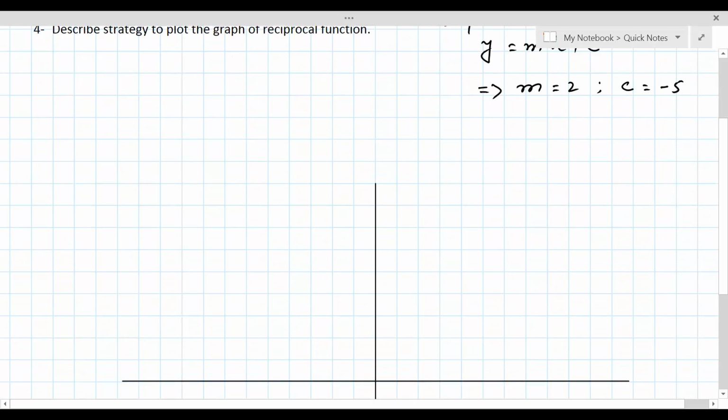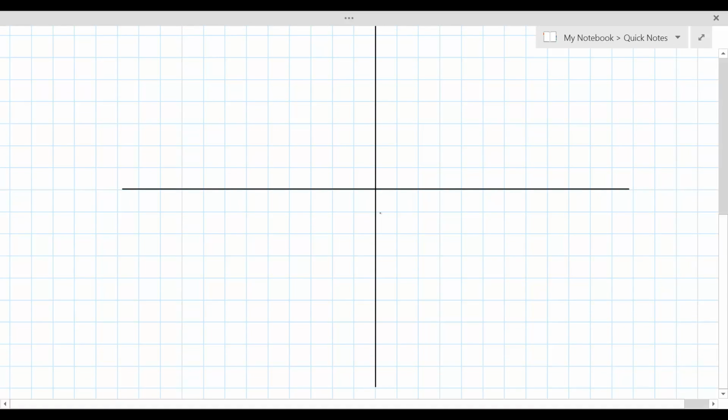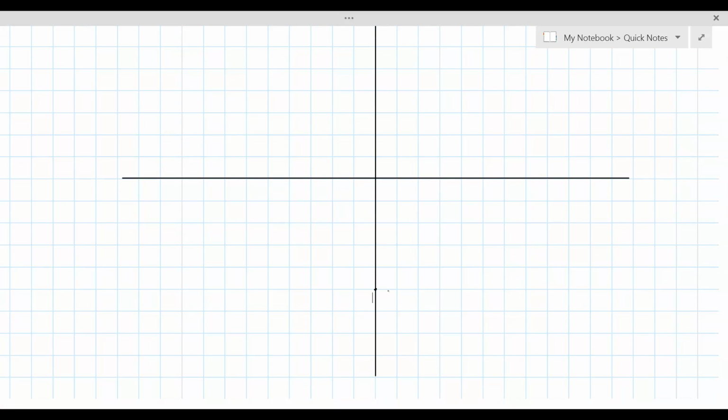So the graph of this straight line intersects the y-axis at 5 units below the origin. So 1, 2, 3, 4 and 5. That is a point right here. And because its slope is plus 2, it means 1 unit right, 2 units up. So this is the slope.